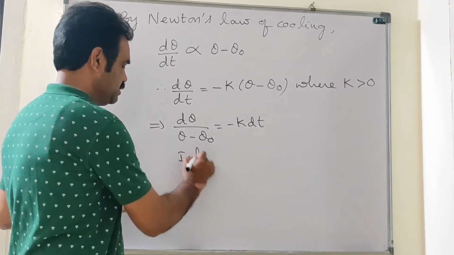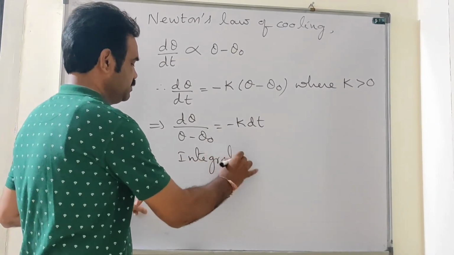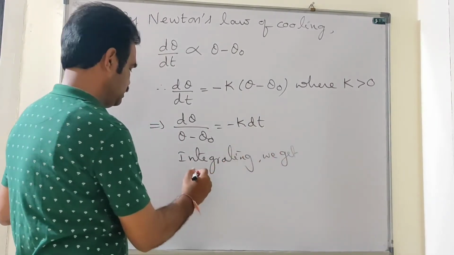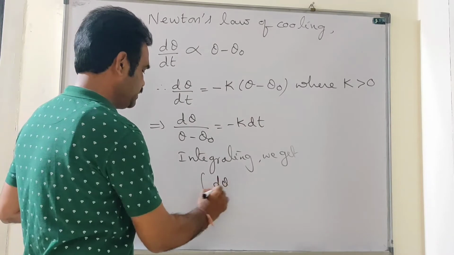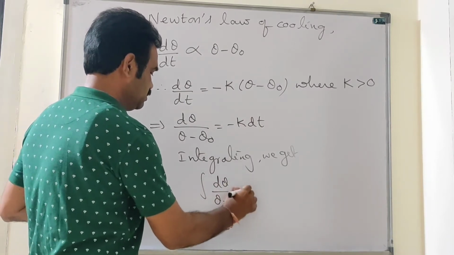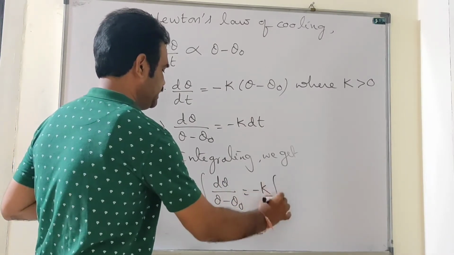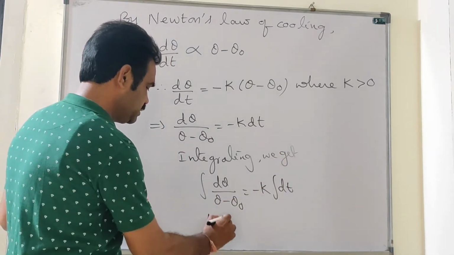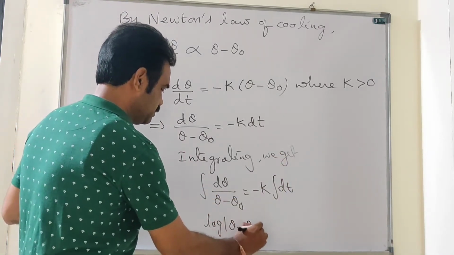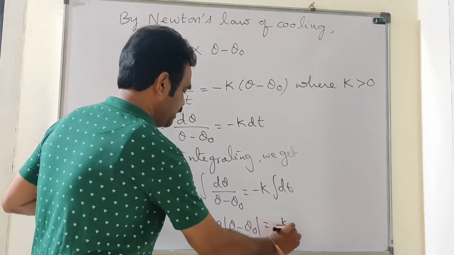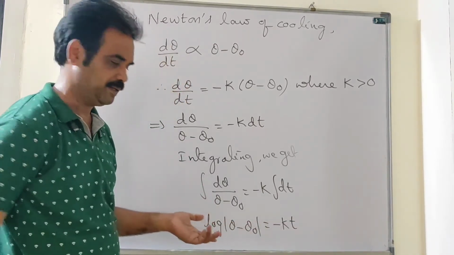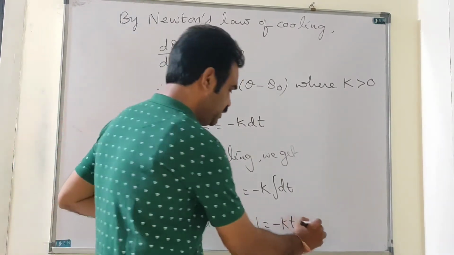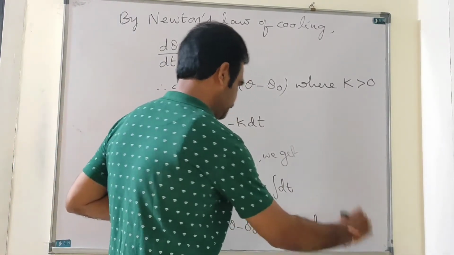Integrating both sides, integral d theta by theta minus theta naught is equal to minus k integral dt. That is log of theta minus theta naught is equal to minus kt plus some arbitrary constant, let it be log c.